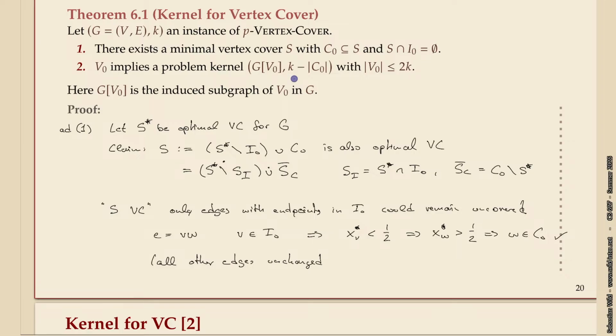So the second part of this theorem claims we have an induced subgraph where we only look at the vertices in V0, and we have to subtract from the threshold the vertices that we include for sure, namely those in C0. And then that is a valid kernel for the original input, and its size is bounded. Okay?